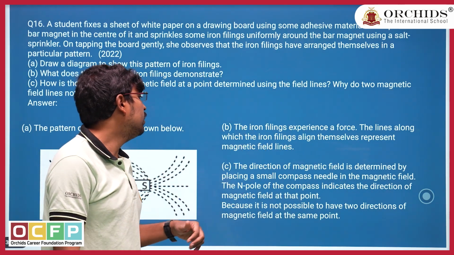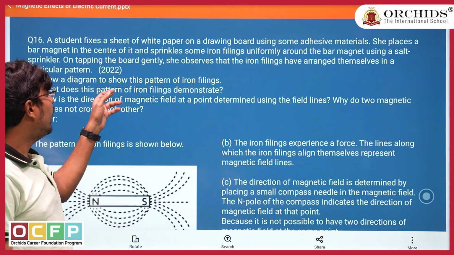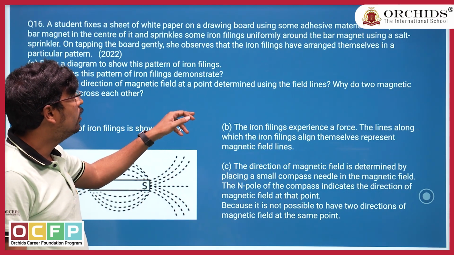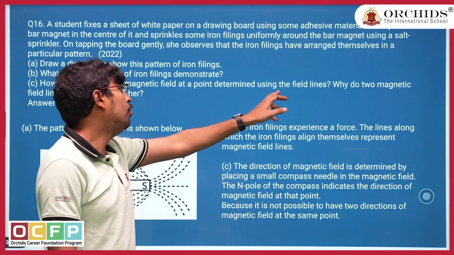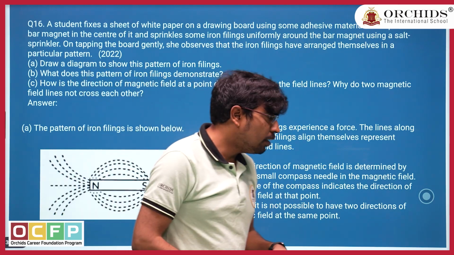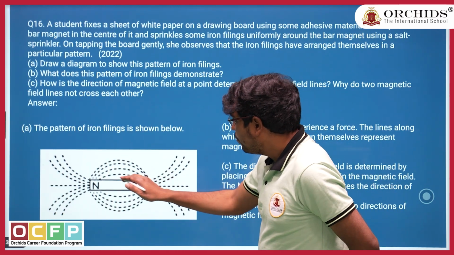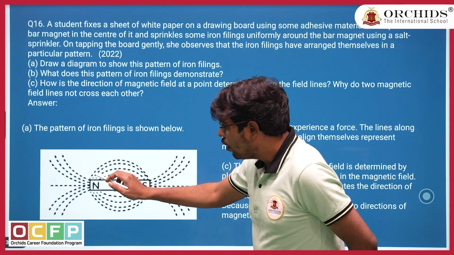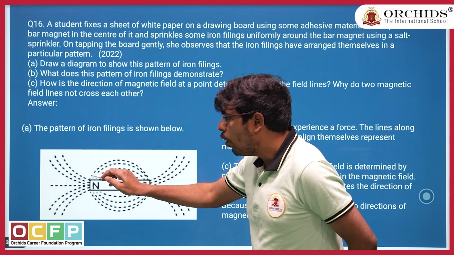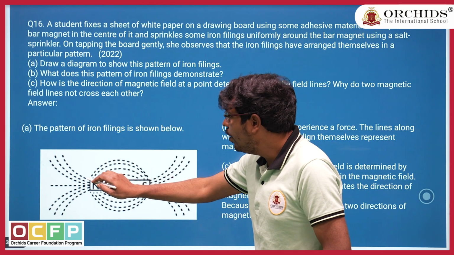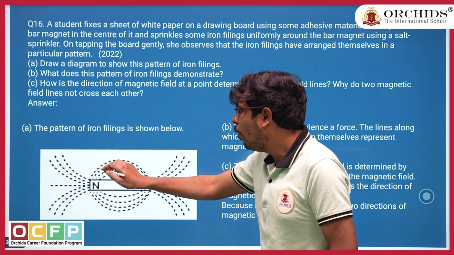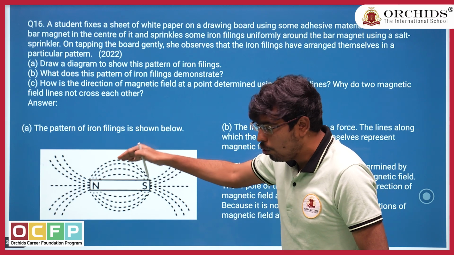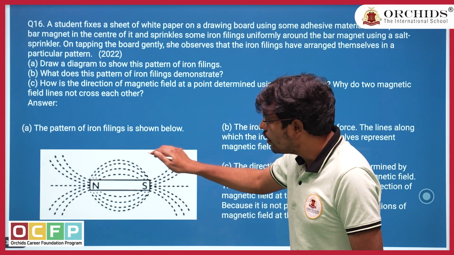Now come to the third question, they asked how the direction of the magnetic field at a point is determined by using field lines. When you place a compass here, at the north pole, the south pole of the compass will indicate this way, and when you keep on going through this, when you repeat it throughout, it will converge at the south pole.